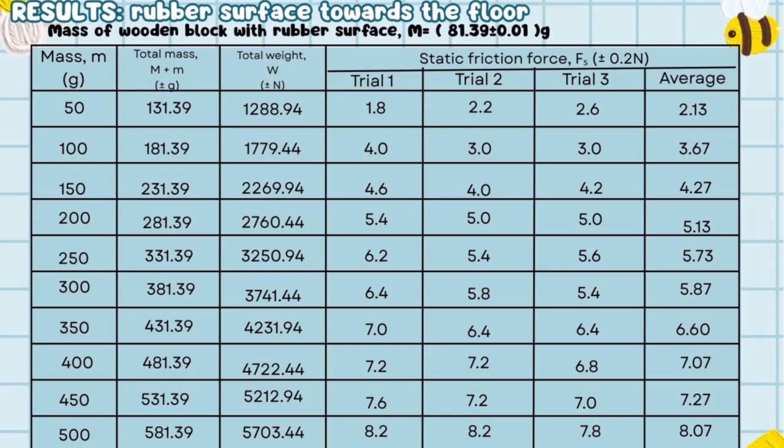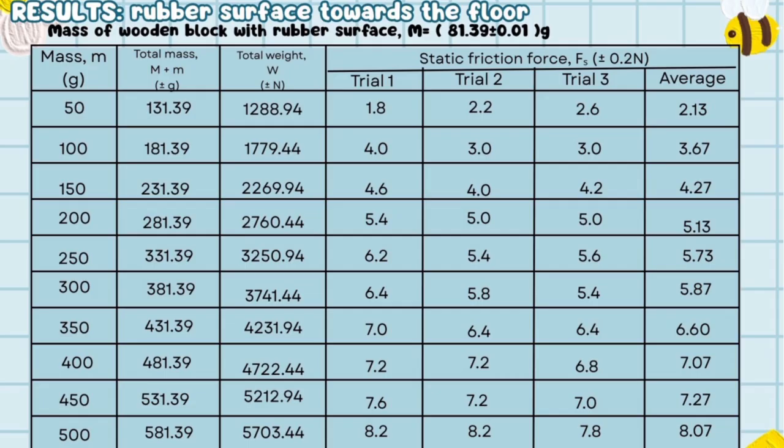From the first to the last: 1288.94, 1779.44, 2269.94, 2760.44, 3250.94, 3741.44, 4231.94, 4722.44, 5212.94, 5703.44.